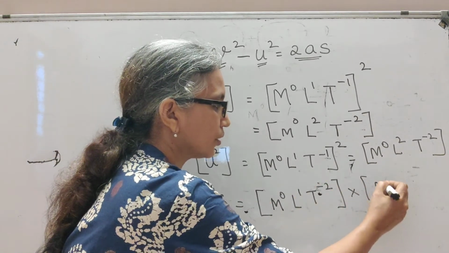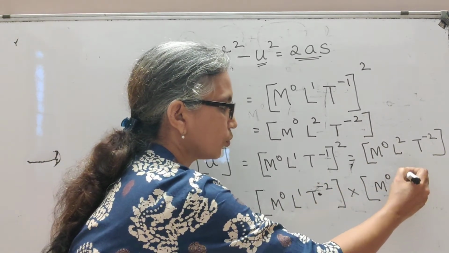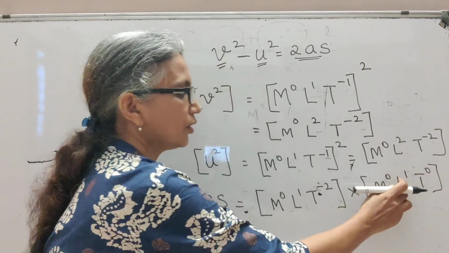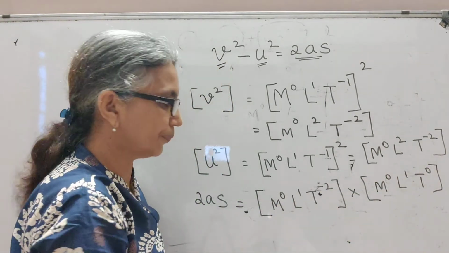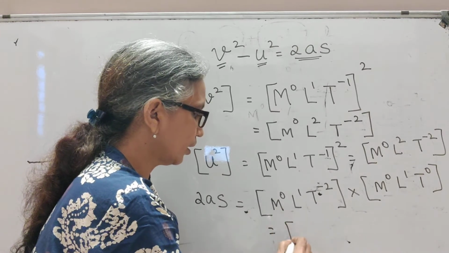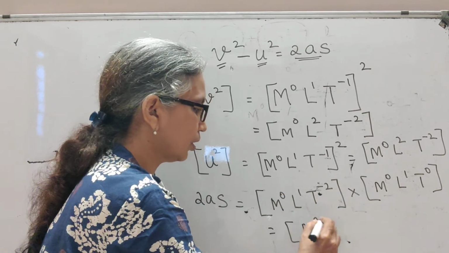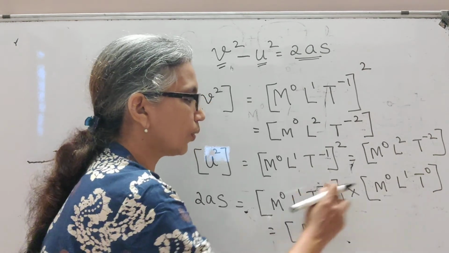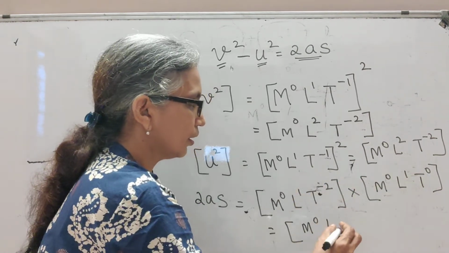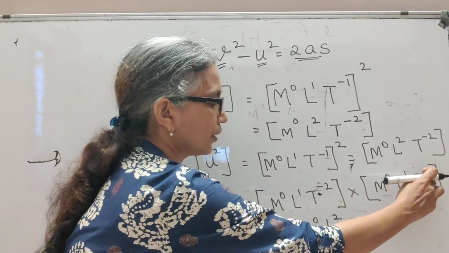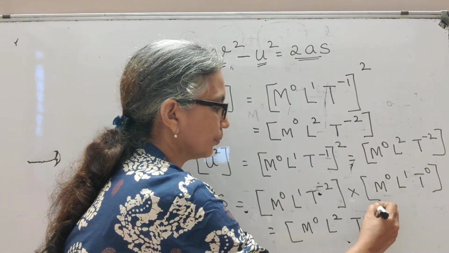So we have m raised to 0, L raised to 1, T raised to 0 because displacement is just the base quantity length. Now if you multiply, m raised to 0 plus 0 is 0. Length L raised to 1 plus 1 is 2. And T raised to minus 2 plus 0 is minus 2.